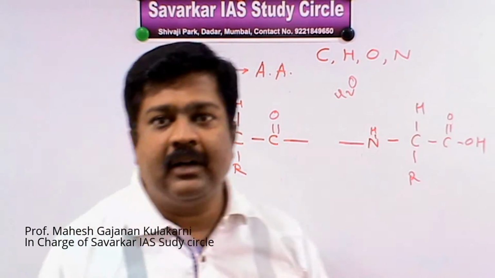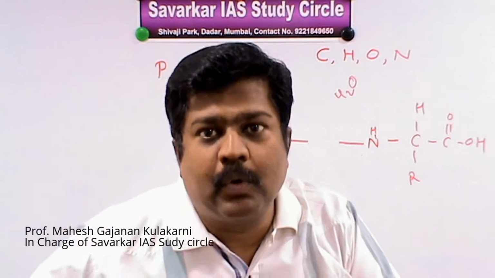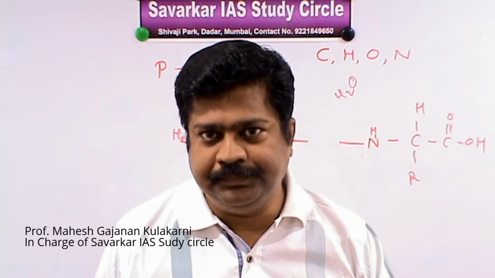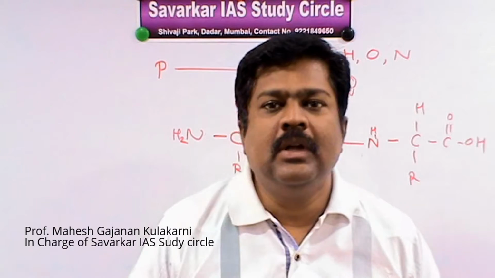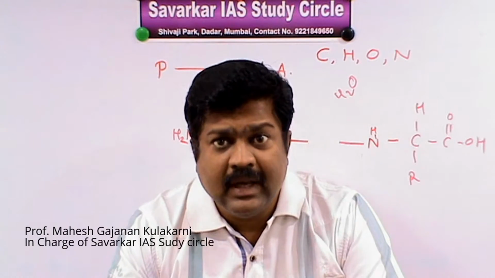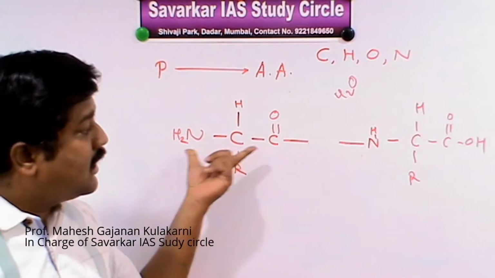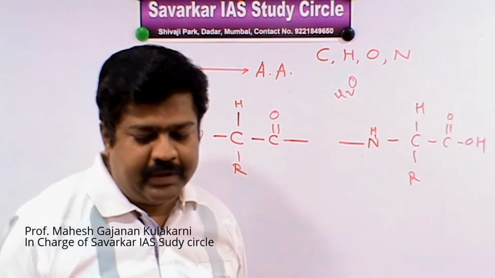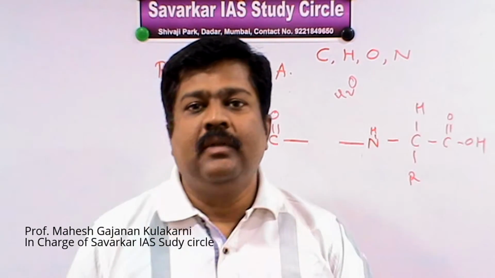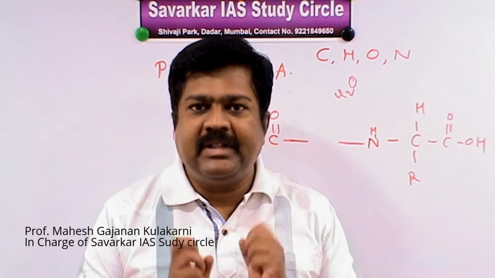They are joined together to make new proteins. So the fundamental unit here is the amino acid. On combination of amino acids we get different proteins. This is the basic process where digestion is carried out.